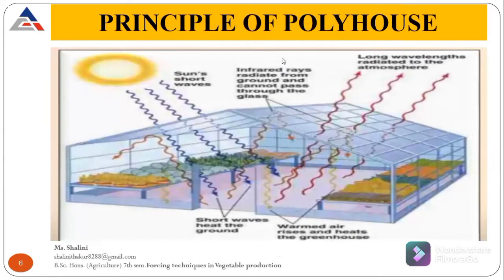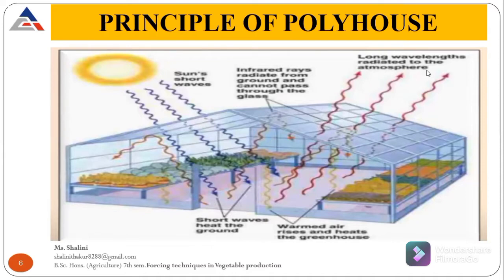The main principle of a polyhouse is a simple thing: we are creating a controlled condition for the plants so that they can be grown, I can say, off season. You are seeing here that the sun rays are coming and shorter waves are also coming inside, and the infrared rays are reflected back and cannot pass through the glass.